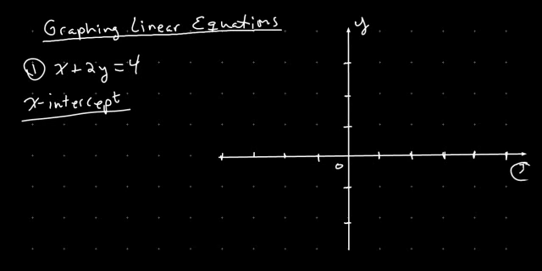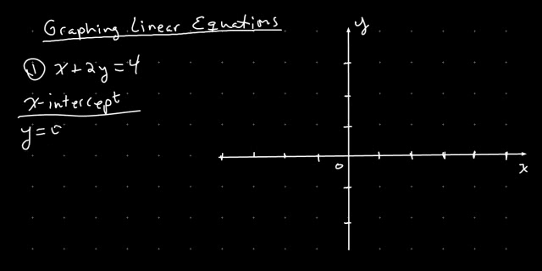The x-intercept is going to be when we cross the x-axis. The point right there. Know that when I'm on the x-axis, my y-coordinate is neither up in the positive direction nor is it down in the negative direction. y equals 0. Okay? So at the x-intercept, y equals 0.